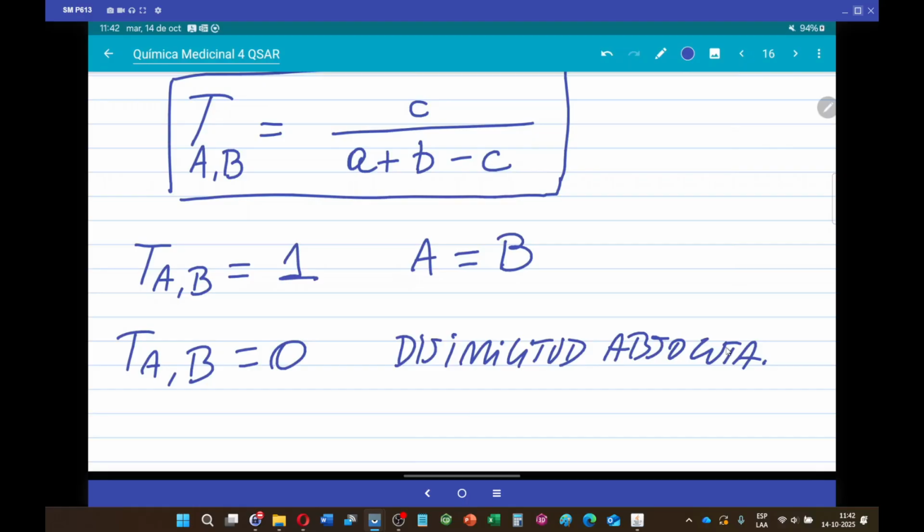If we have an intermediate value, it means a certain degree of similarity. What it serves you for: sometimes we want to find similar molecules, and sometimes the opposite. When we see docking later, sometimes one wants to find molecules that do not resemble a given one.